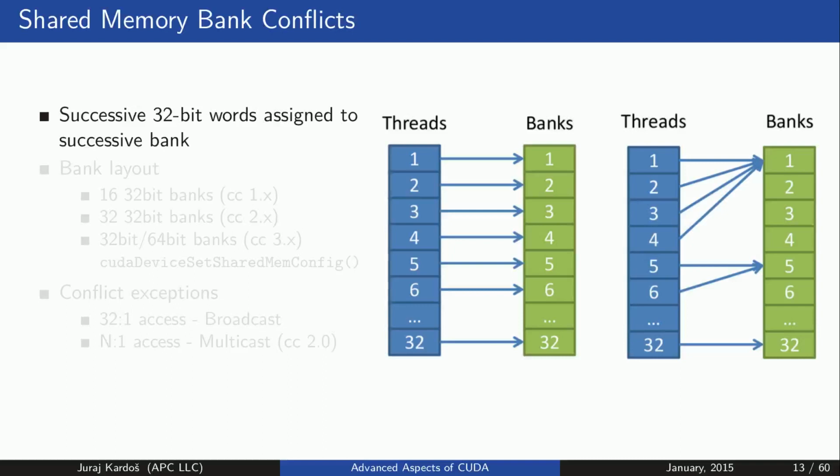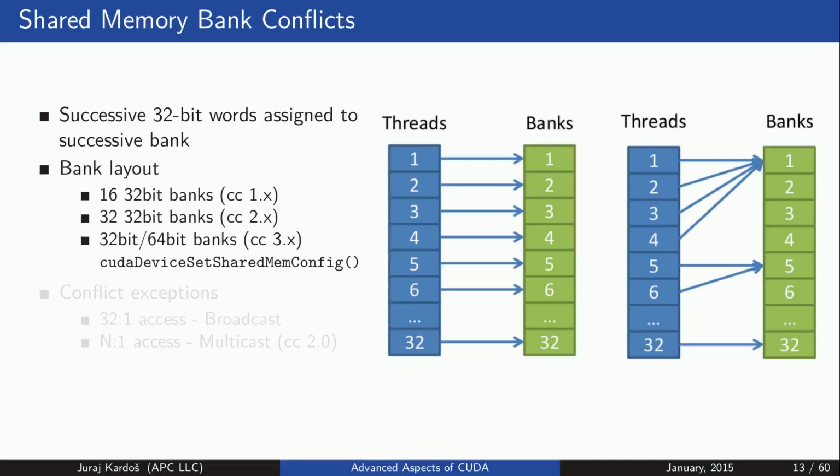The hardware splits a conflicting memory request into as many separate conflict-free requests as necessary, decreasing the effective bandwidth by a factor equal to the number of colliding memory requests. Shared memory banks are organized such that successive 32-bit words are assigned to successive banks. Each bank can service one address per cycle, so that shared memory can service as many simultaneous accesses as it has banks.